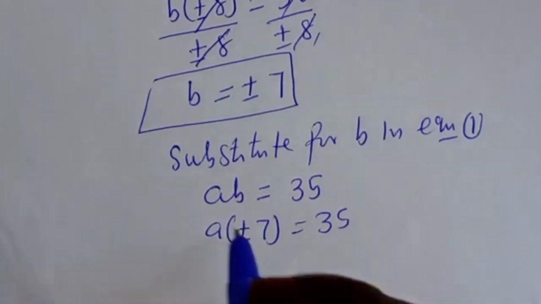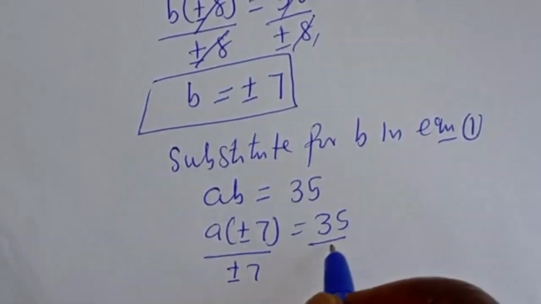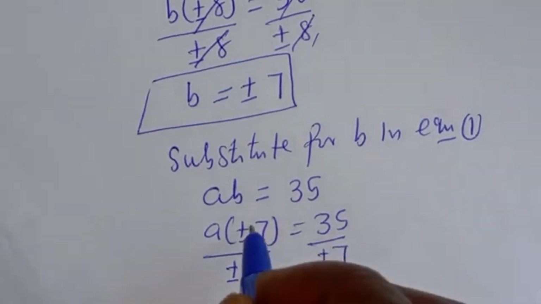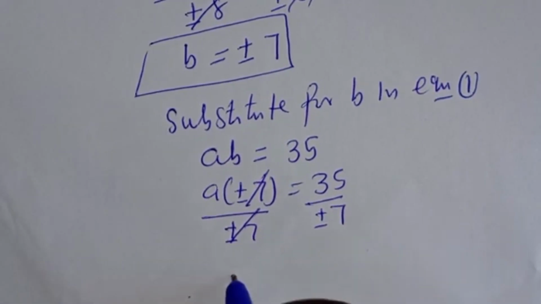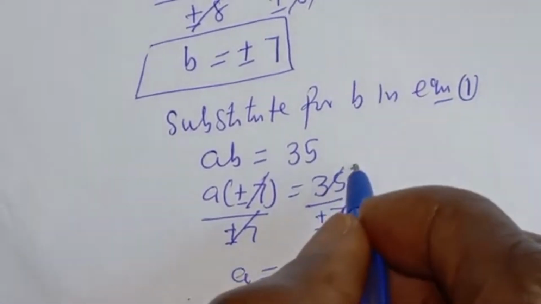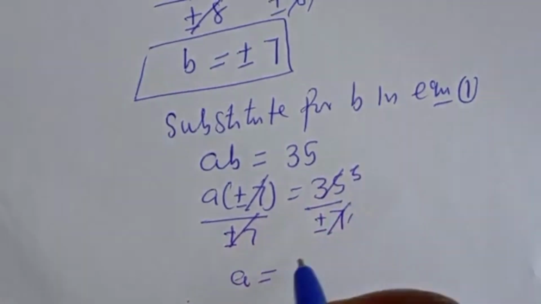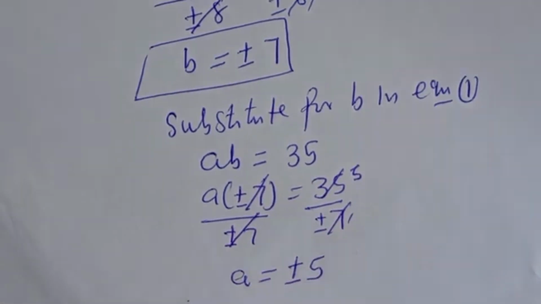Now let's divide both sides by plus or minus 7. This will cancel this. A is equal to 7 here 1, 7 here 5, plus or minus 5.